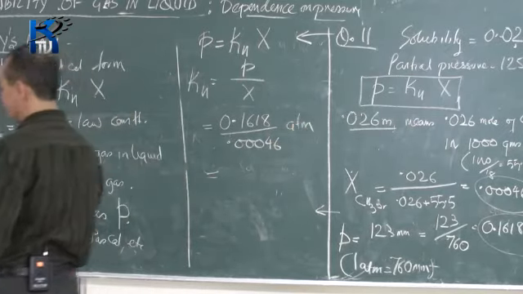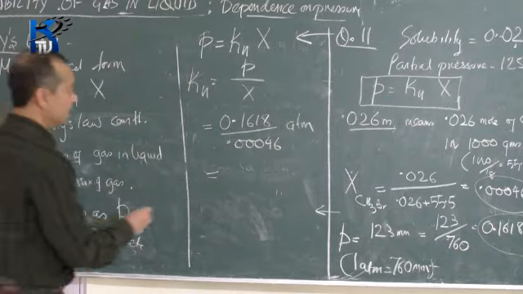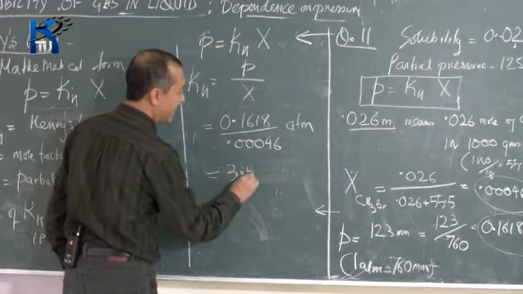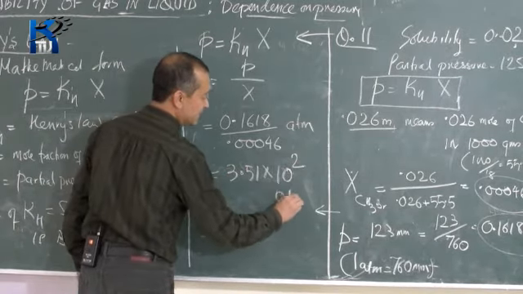So let's solve this. You are getting 3.51 into 10 to the power of 2 atmospheres.